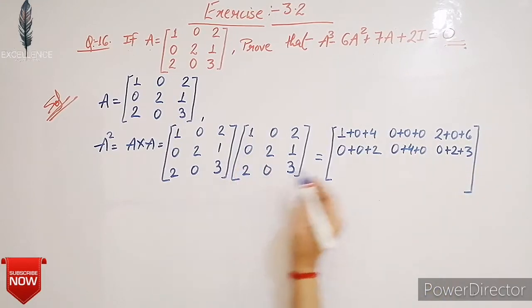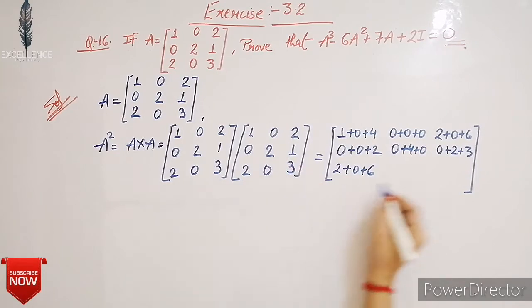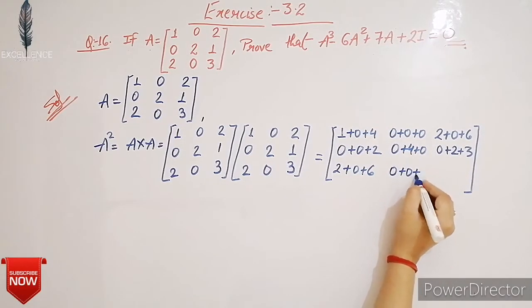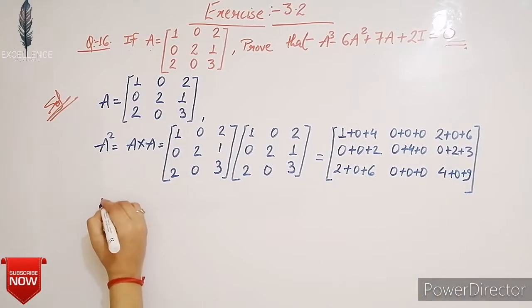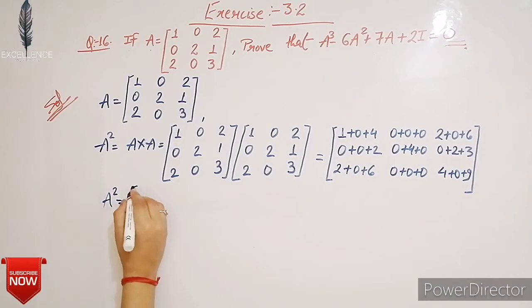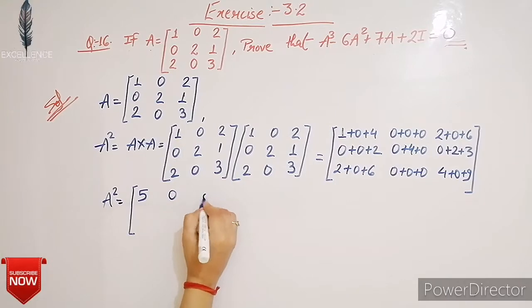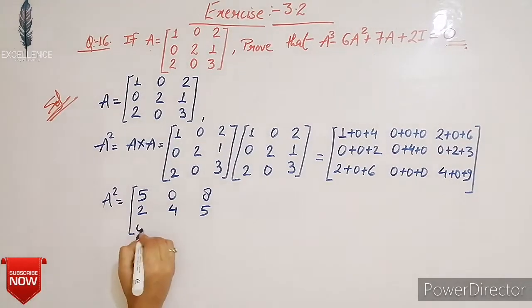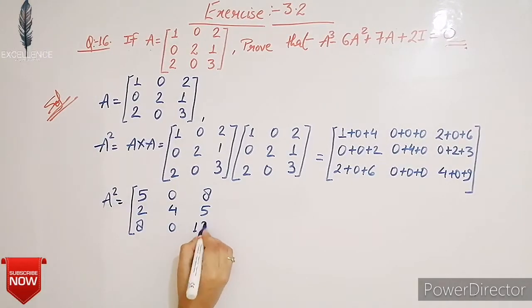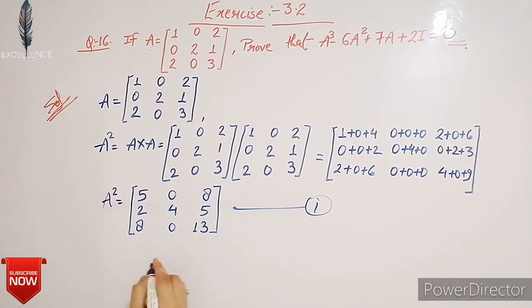Now in the third row by first column, that is 2 plus 0 plus 6. Next is 0 plus 0 plus 0 and the last element is 4 plus 0 plus 9. On solving, we have A square equal to 5 0 8, 2 4 5, 8 0 13. Let it be equation first.